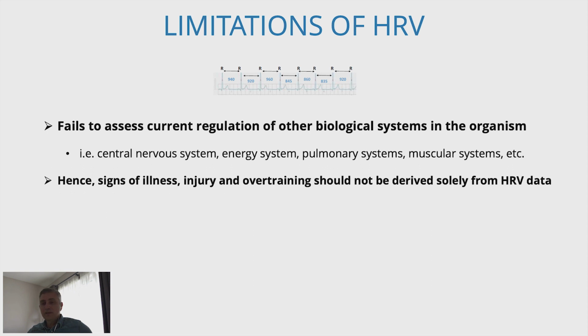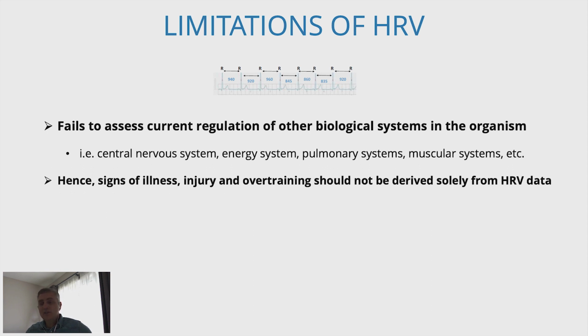In particular, it doesn't give us a clear picture of the overall functioning of the central nervous system or energy systems or pulmonary system. So I want to say it's a very important method that, if performed properly, should give us a great non-specific indication of stress that affects the cardiac system.